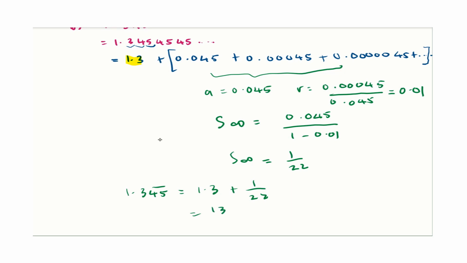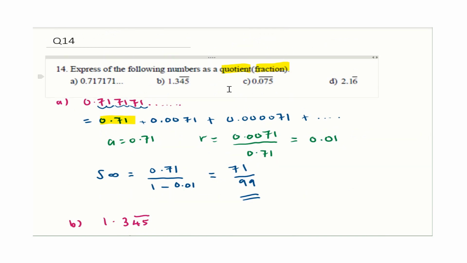So 13 over 10 plus 1 over 22 becomes, press the calculator, and you get finally the answer 74 over 55. So this is 74 over 55. Okay, so this is for the case where the first part has no relation with the geometric sequence. So for question C and D we leave it for you to try. So C, D, do it yourself.